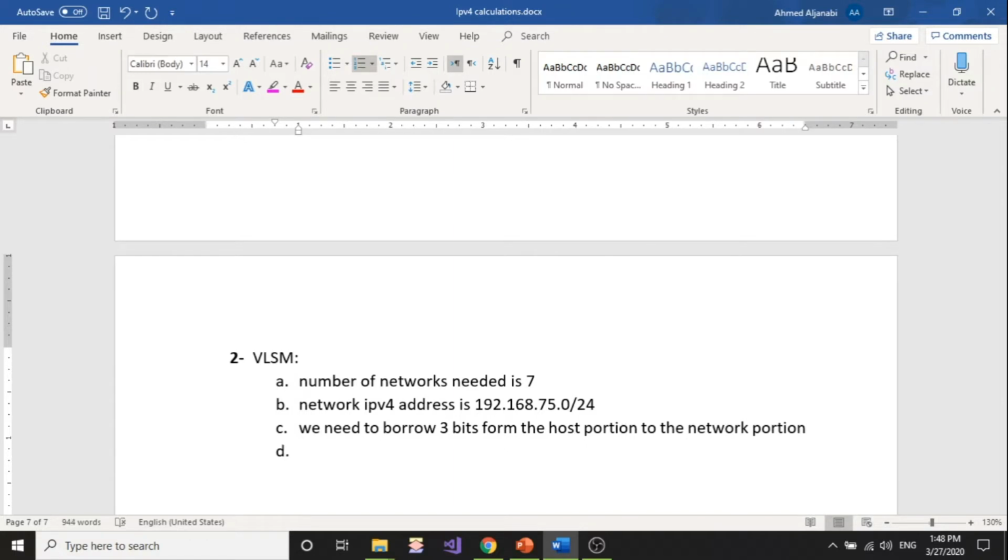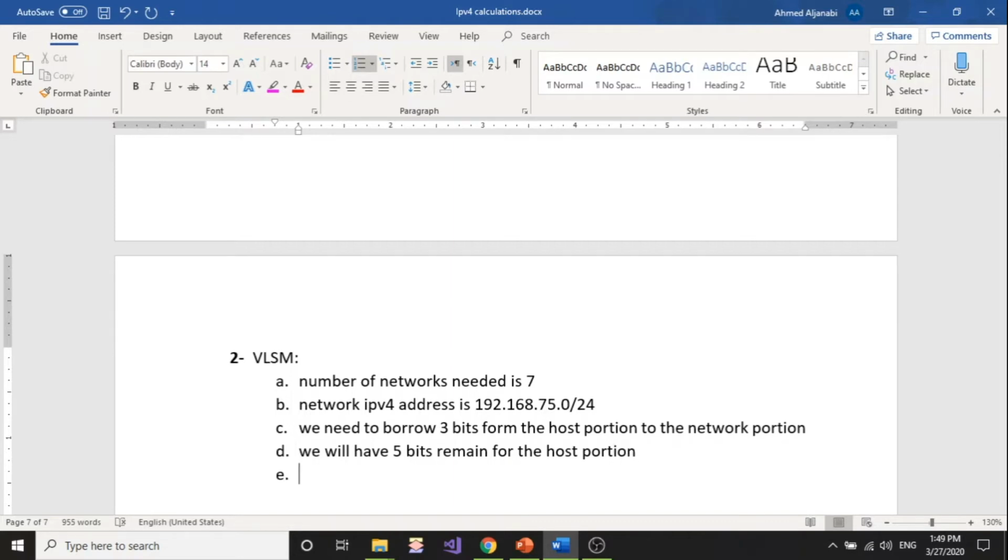So we're going to borrow 3 bits, and 5 bits remain for the host portion.